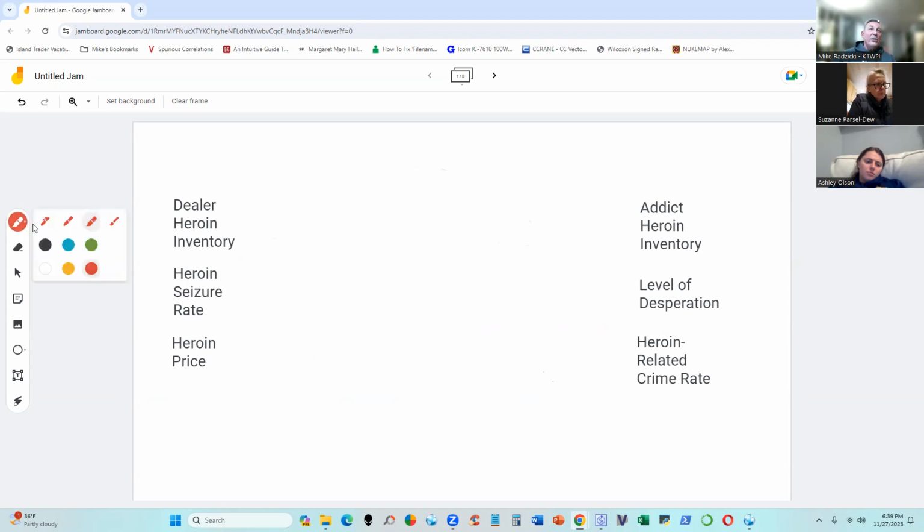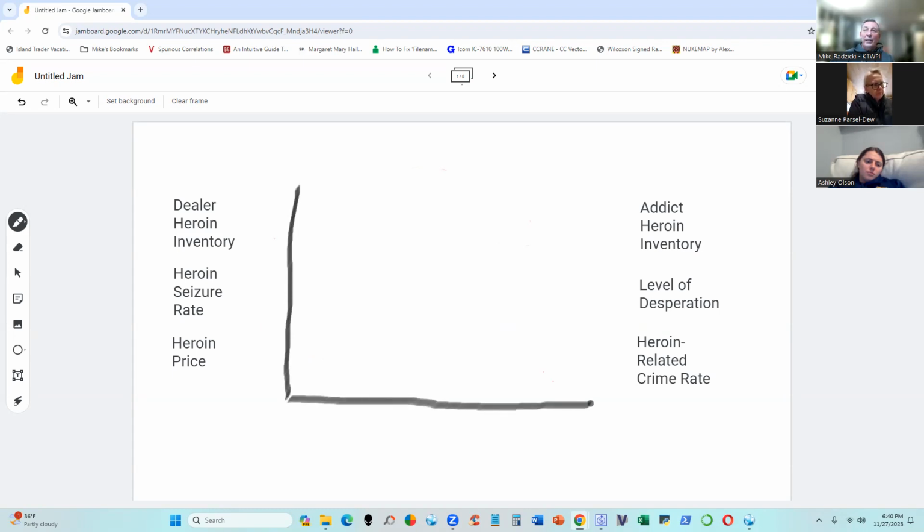So, all right. I would draw a Cartesian plane at this point. And we're going to put time on the horizontal axis. Now, from the article, what do we think about time? What units is time in, do you suppose?